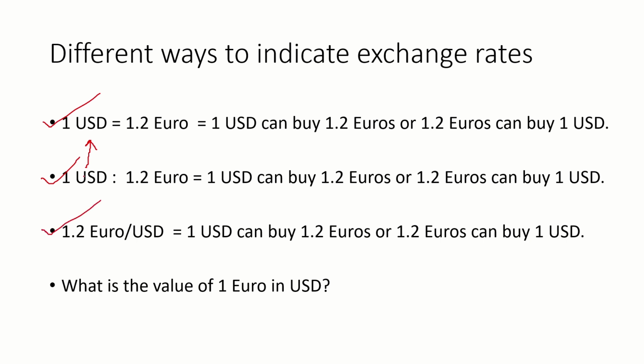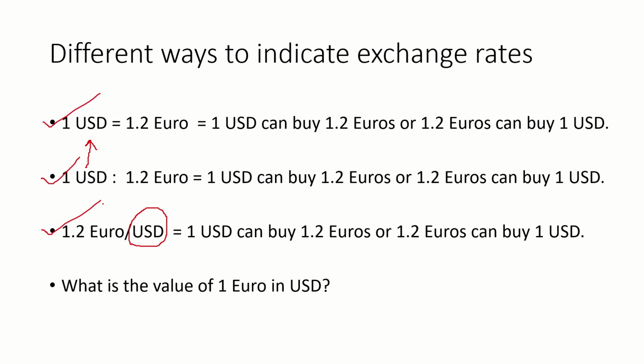This is the standard way when it comes to exchange rates. We read the latter part first, and this will represent one unit of currency. So in this case, this will be 1 US dollar.